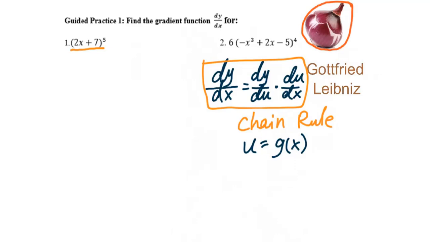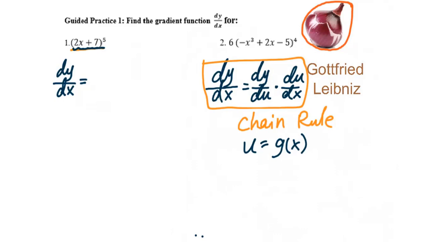You always go from outside. So when you do the derivative of a function by chain rule, you always do the derivative of the outside function first. In your mind, when you work out the derivative of (2x plus 7) to the fifth power, you think the outside function is a power function, something to the fifth power.